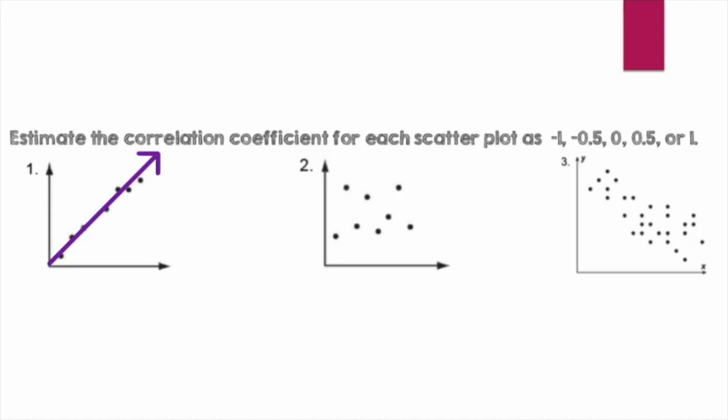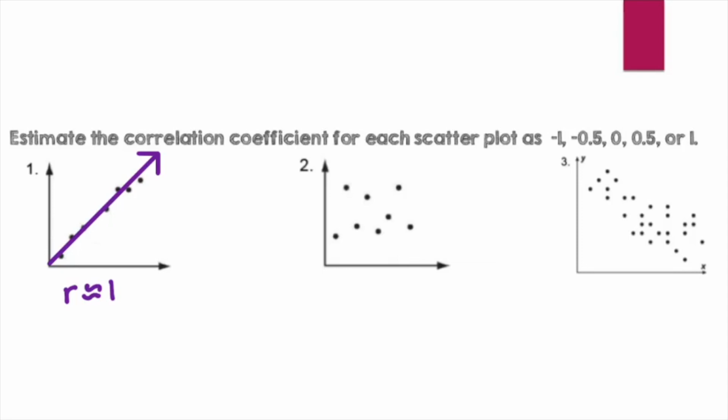So when it's close to the line, that means that there's a strong correlation between the data. So if it's close to that line that you sketch on the graph, then you're going to want to use a 1 or a -1 depending on if it's going up or if it's going down. And this is going up, so we're going to use a +1. So it's not exactly 1, the correlation coefficient. We're just estimating for this part of the lesson.